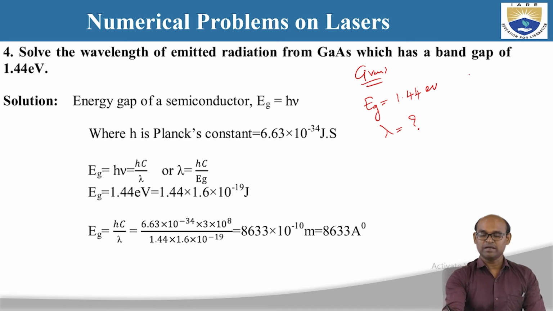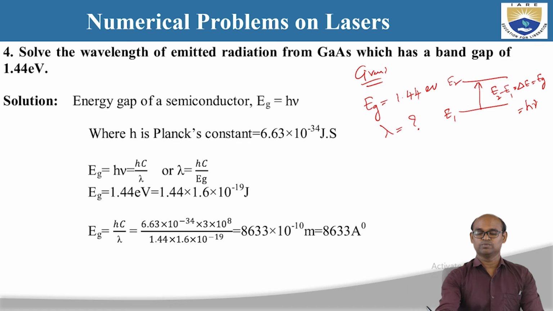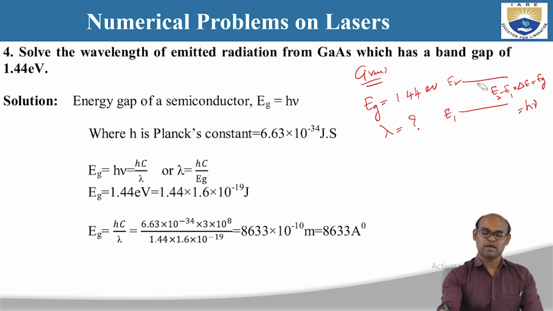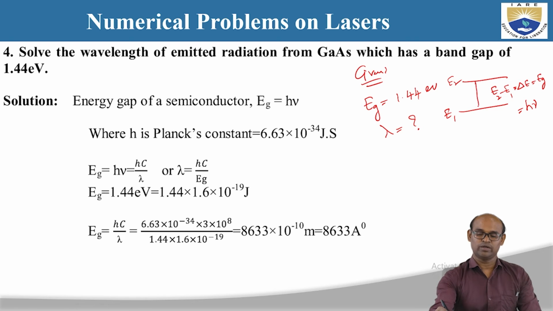Band gap is nothing but the difference between these two energies. So this is E1, for example, and this is E2, and the difference between these two states, E2 minus E1, is delta E, which we call the energy gap, equal to h nu. Let me draw an arrow going down.